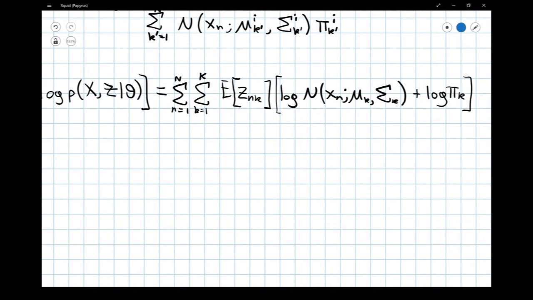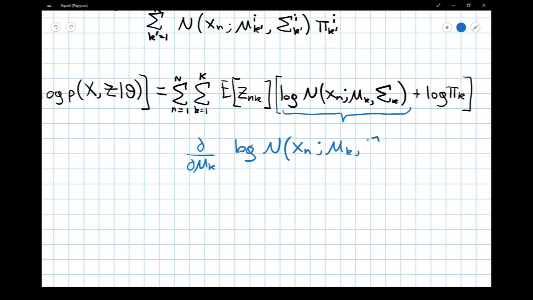So we're going to end up with the derivative of this log likelihood here. Sorry, this log Gaussian. Okay. So what we want is the derivative with respect to the vector mu_k of the log normal distribution, or Gaussian distribution, with x_n as the argument, mu_k as the mean, and sigma_k as the covariance matrix.